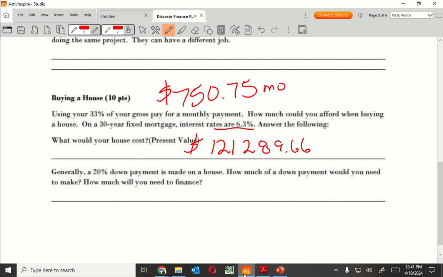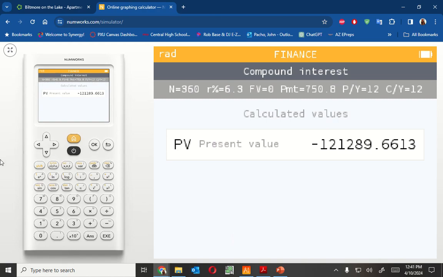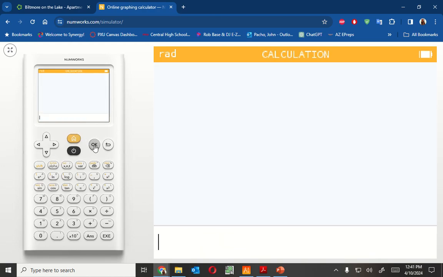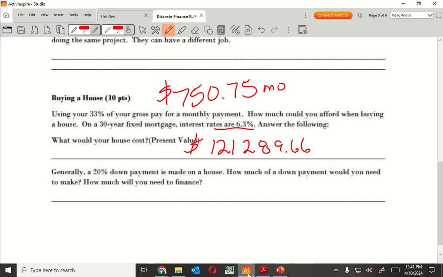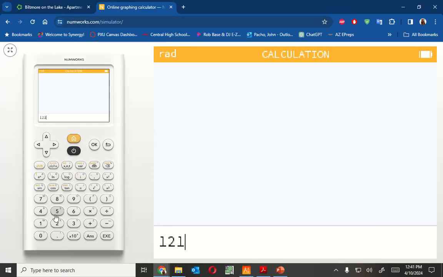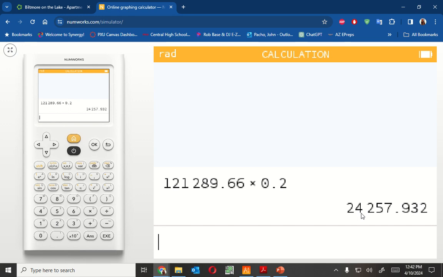Figure out 20%. So I take that number, multiply by 0.2, right? 121,289.66 gives 24,257.93.